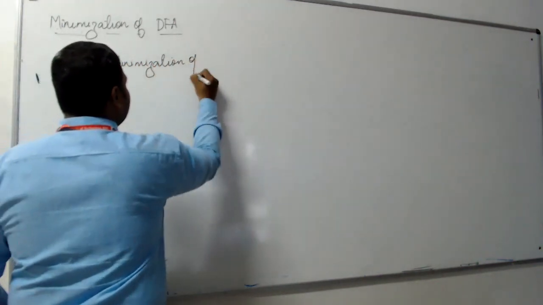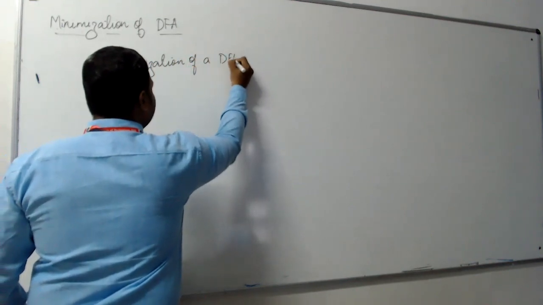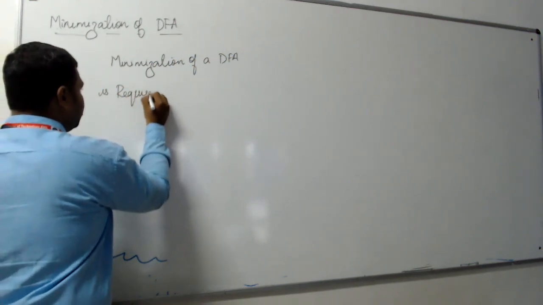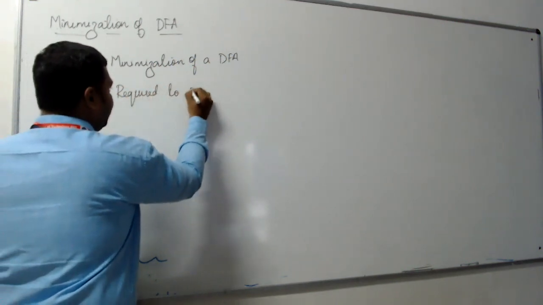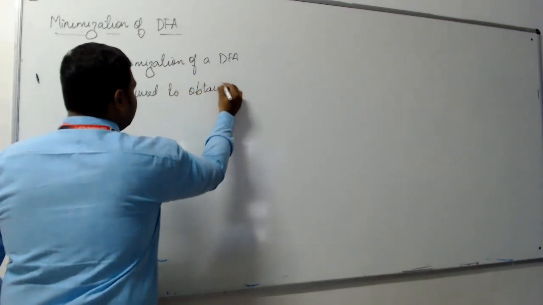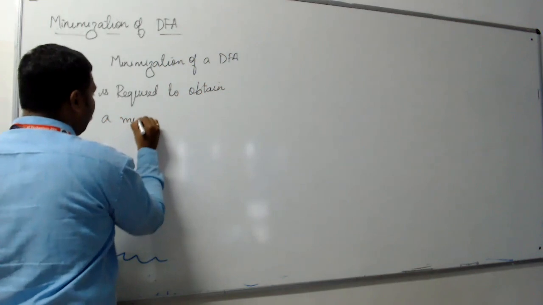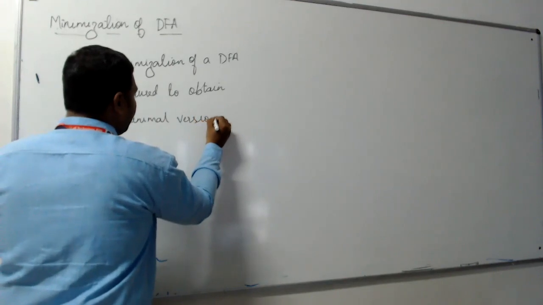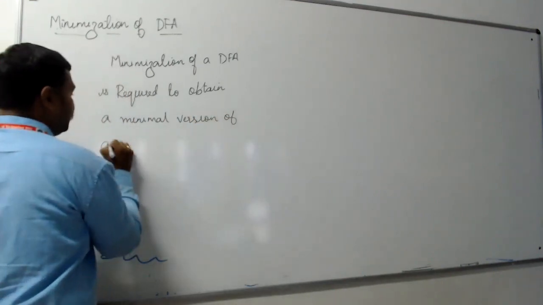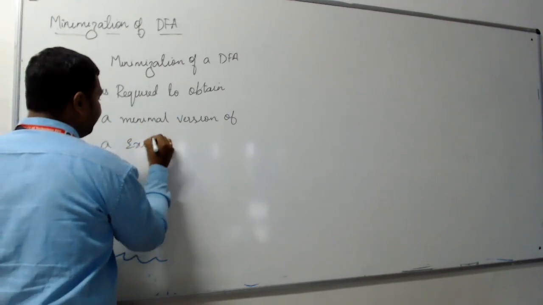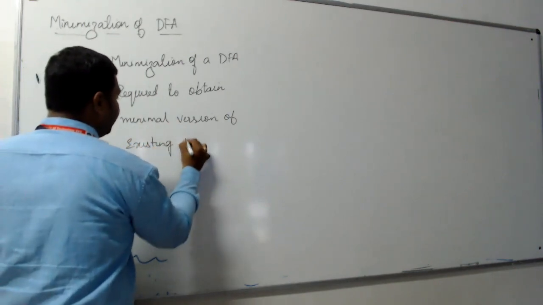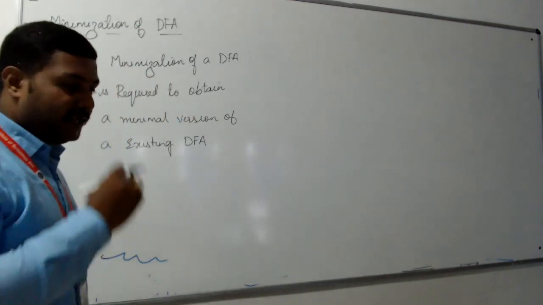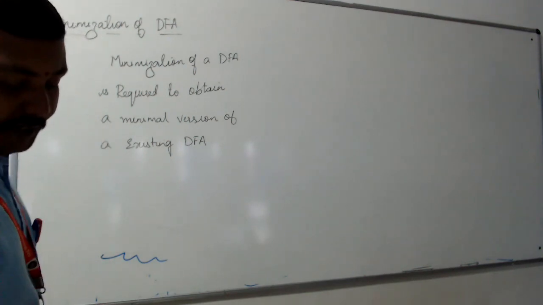Minimization of a DFA is required to obtain a minimal version of an existing DFA. To get your minimal version of an existing DFA, you need to perform the minimization of a DFA.